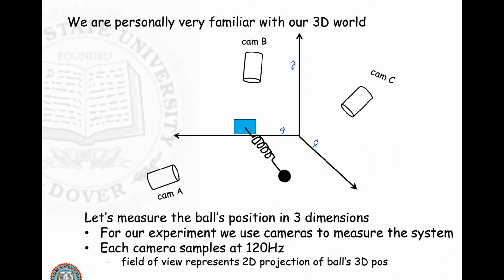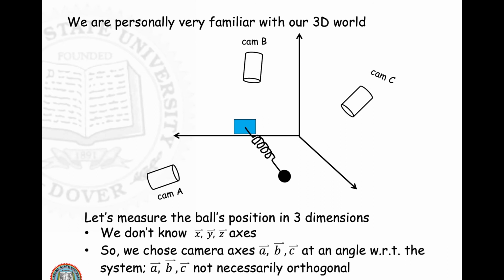The field of view of each camera, the image plane, is going to represent a two-dimensional projection of the ball's 3D position. So what does that mean? Well, the ball's position in three dimensions is certainly measurable, but in practice we only know what we can ascertain from the sensors, i.e. from the cameras.